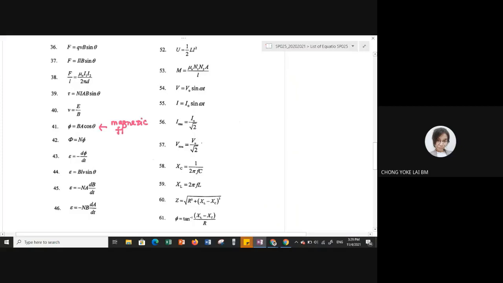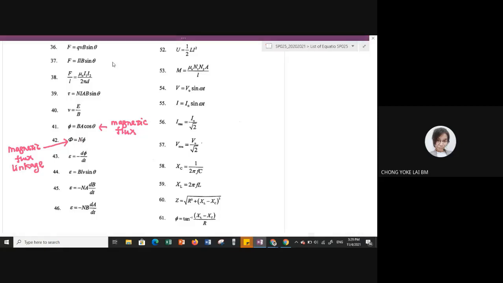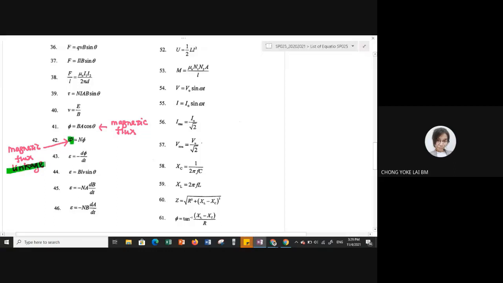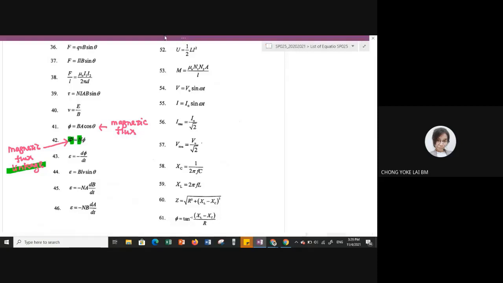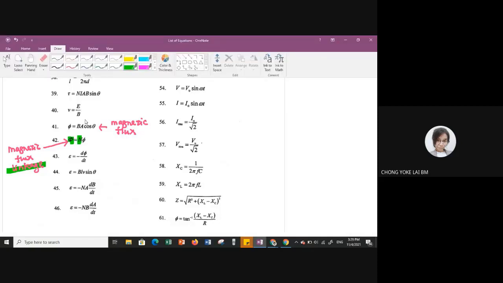You boleh catatkan dalam list of equation you. Yang ada darab dengan N tu, ini adalah magnetic flux linkage. Kena be careful kat situ. Linkage we have multiplied N. Ambil flux darab dengan N, kita dapat magnetic flux linkage.